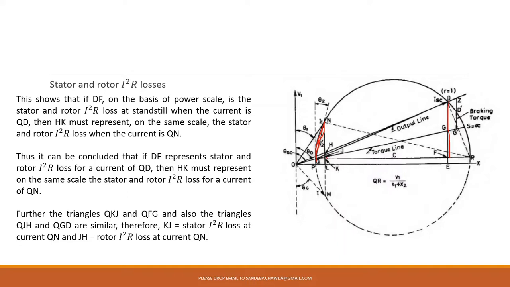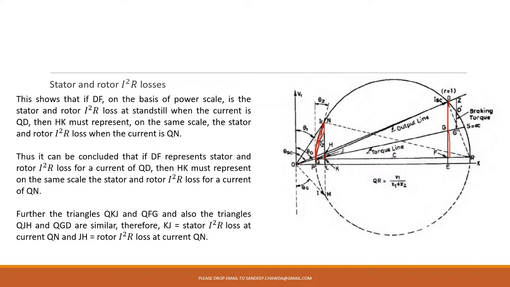Again considering the triangle, on the same basis you can come to the conclusion that KJ, from K to J, is going to give you stator I square R loss, and JH is going to give you rotor I square R loss, and the current we are considering here will be QN.